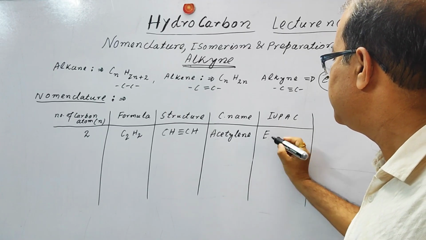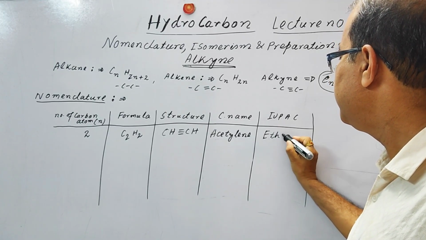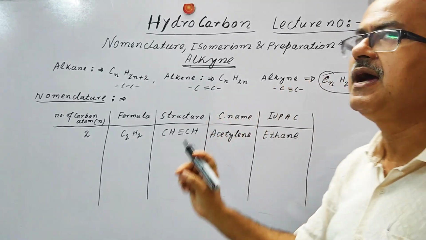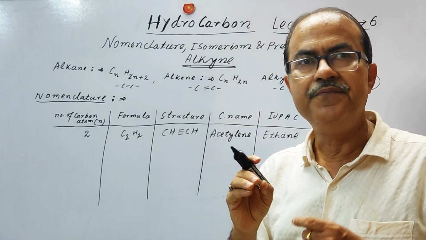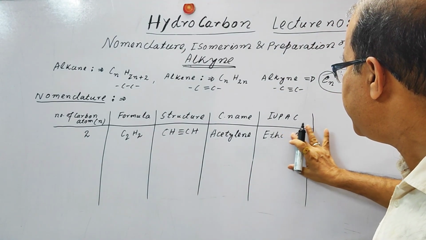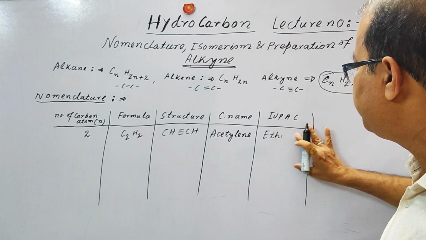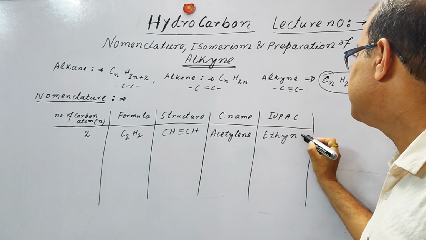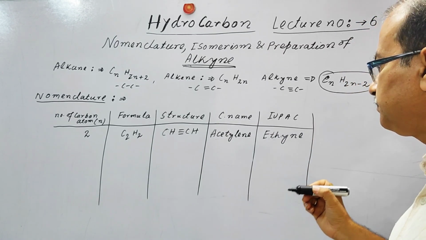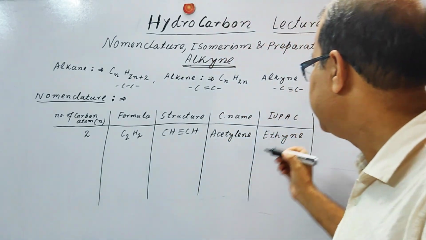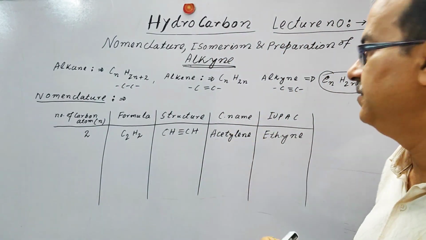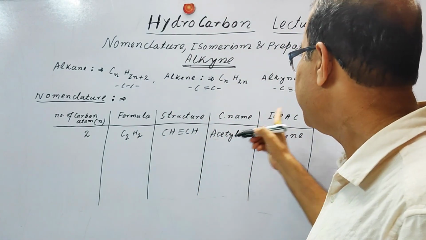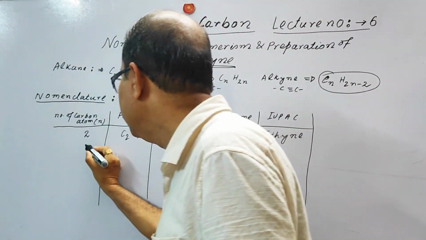The name of the alkyne is derived by replacing the suffix ane by yne. So the name of the first member of this family will be ethyne. So acetylene is the common name and the IUPAC name is ethyne.